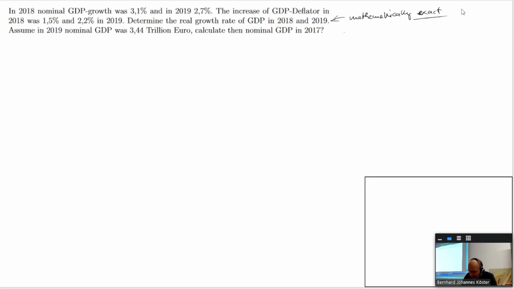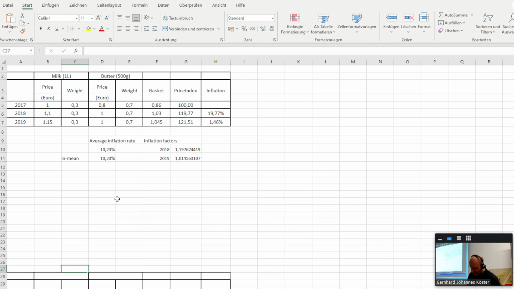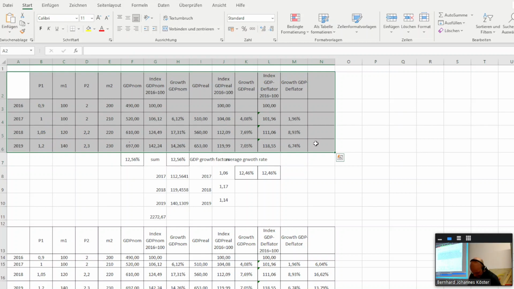And in 2019, we should have 3.44 trillion euros, and backwards, we should then calculate nominal GDP. Well, this we have, I think, done already once or twice. You know that I always try to do it also within this one, and therefore let me just copy this.